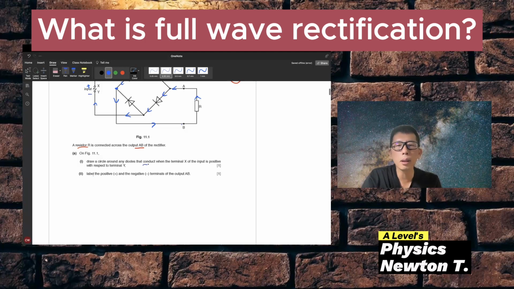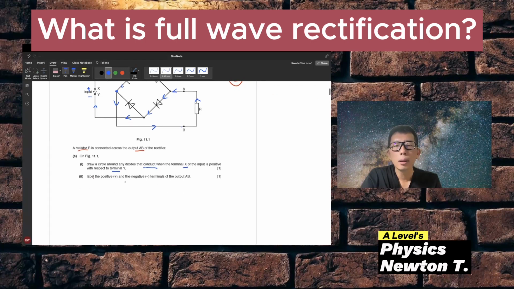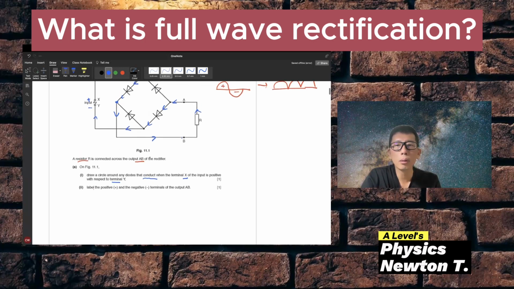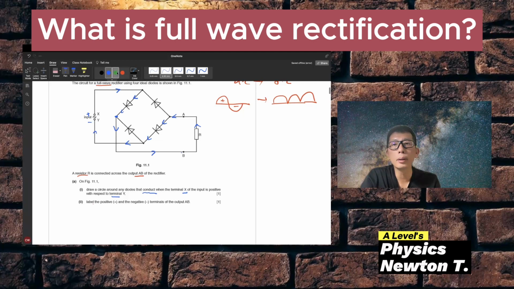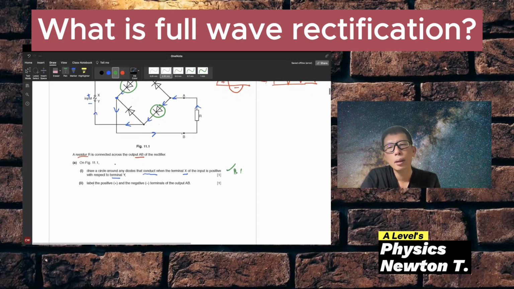Conduct means the current will pass through when S is positive with respect to Y. So it's talking about the upper part being positive, which is exactly the same as this. Circle the diode: as we can see, current will pass through this and this, so we circle these two. Okay, so this is how you earn the first mark.